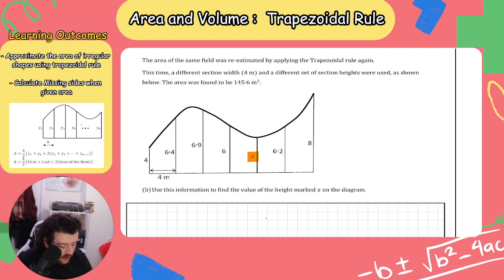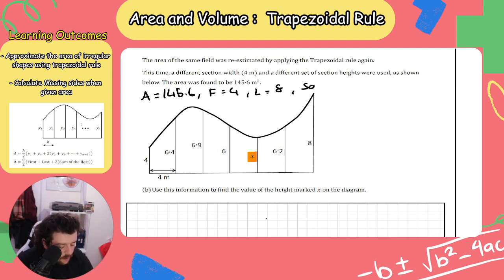So I have an unknown here, I have an x here. So I'm trying to solve for that. So let's sub in all of my values into my formula here. So my area is going to be equal to 145.6. My first height is equal to 4. My last height is going to be equal to 8.